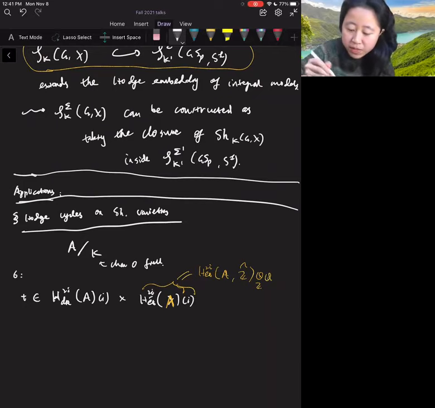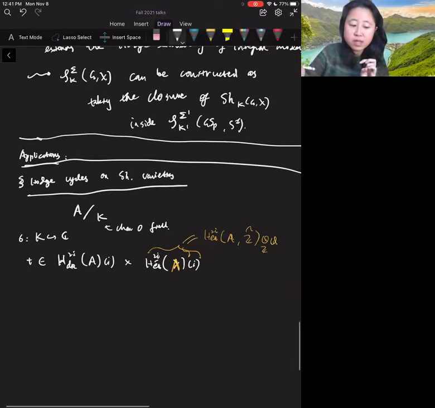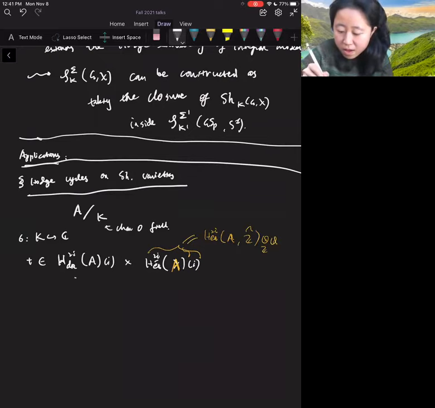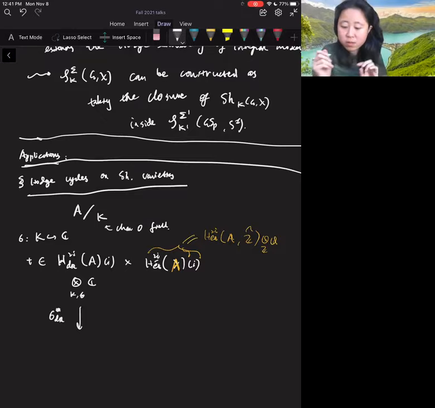Okay, and so a priori, a Hodge cycle lives in this big space, but it has to satisfy some extra condition. So if we pick an embedding of my base field into the complex numbers, this sigma embedding induces an isomorphism. First on the de Rham component, when you tensor it up to C with respect to sigma, you get an isomorphism, which we denote by sigma de Rham star.